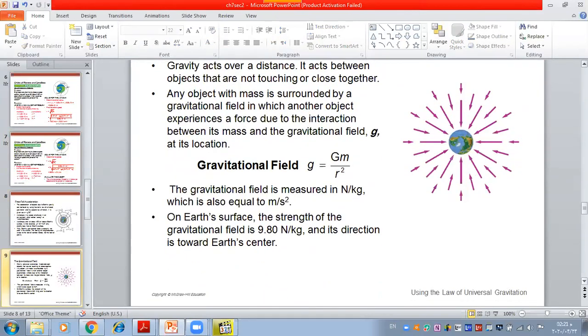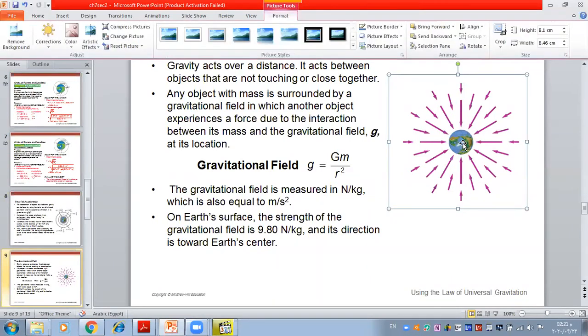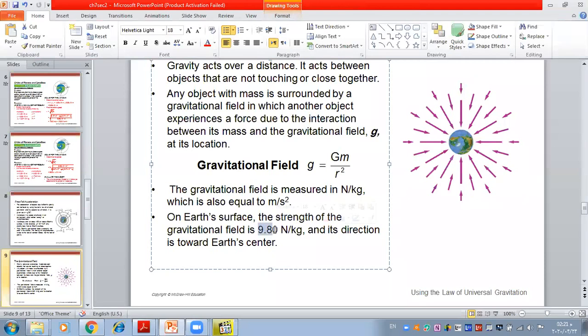The second law is talking about what? Each planet, if we change this Earth by Mars, by Moon, Neptune, Uranus, any planet. If you want to calculate the gravitational field on this planet, what is the gravitational field on Earth? 9.8. Right, everyone? Yeah, the gravitational field on Earth is 9.8.